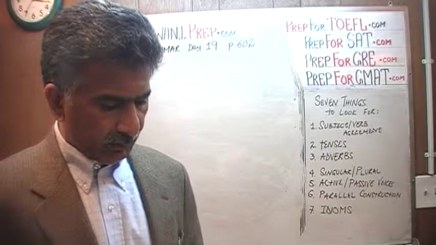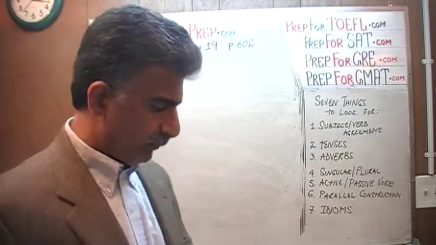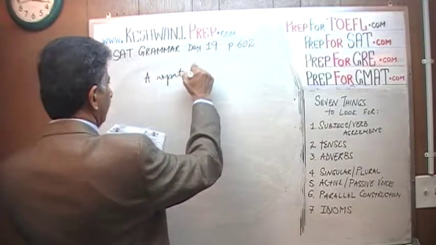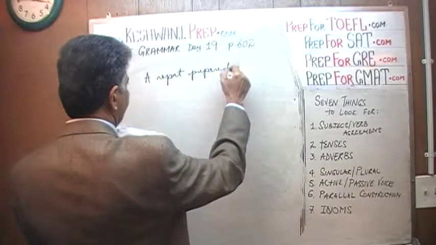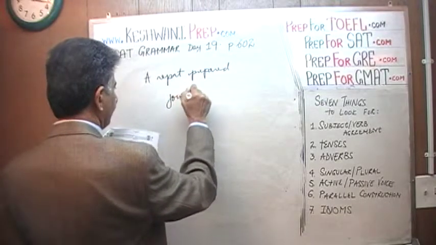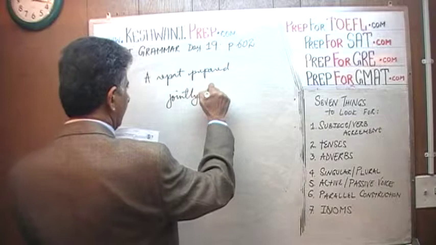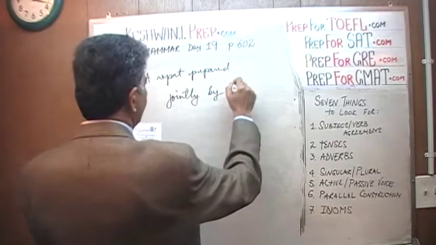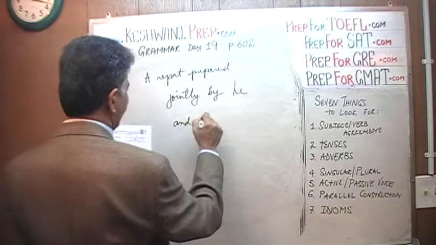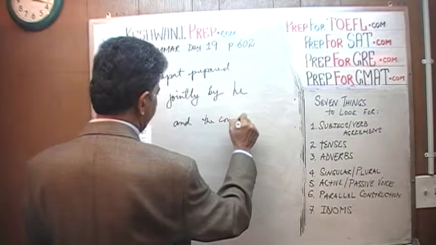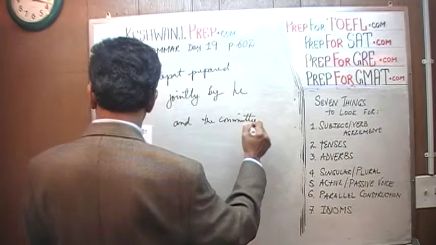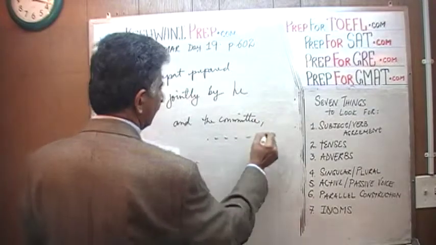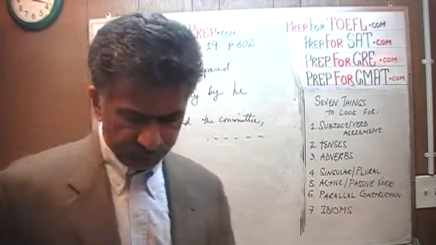Number 21. A report Alexander is discussing, a report prepared jointly by he and the committee. Now, here's the deal.